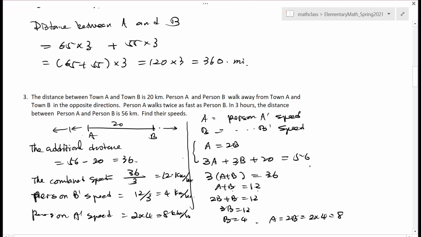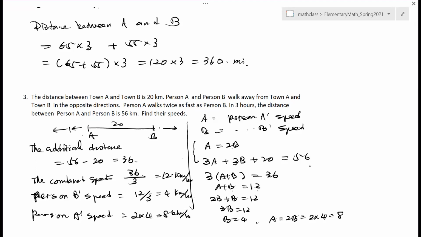So you don't even need to think about this being equivalent to that. Otherwise, you have to think, oh, the increased distance is 36, and it takes 3 hours to increase this distance, so 12 kilometers per hour, but this is contributed by 2 persons, and one has faster speed than the other.